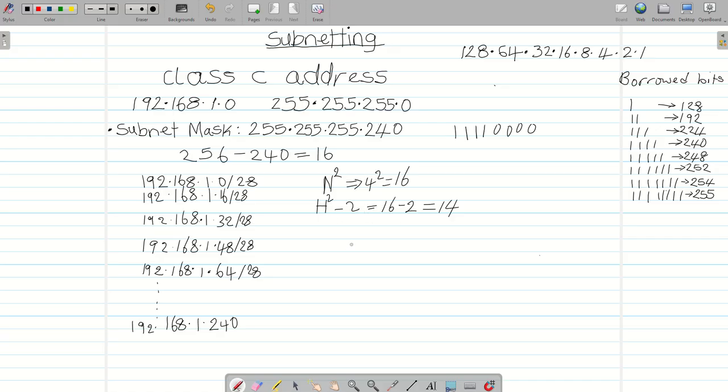Okay, so friends, this is the way you can easily calculate this subnet address.